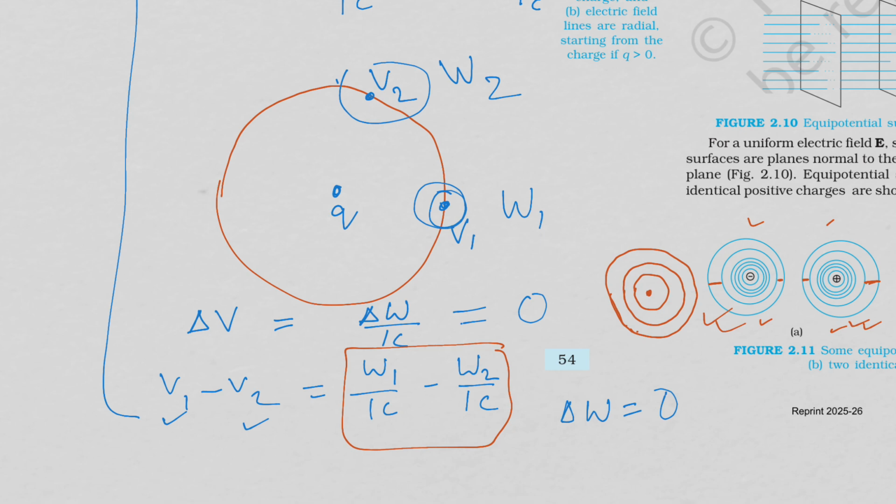Some work is done here, some work is done here to bring it from infinity, and that portion we ignore. The work we focus on, delta W, is the work done only between these two points on the equipotential surface, and that becomes 0 because the potentials on the equipotential surface are the same. So that makes us believe that the work done on the equipotential surface is also 0.